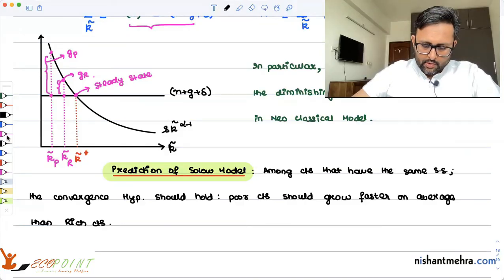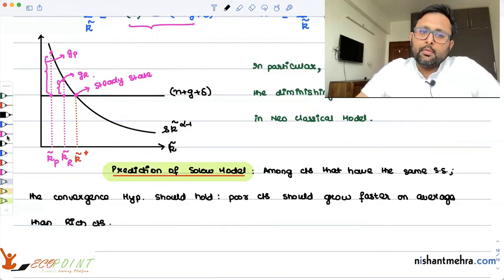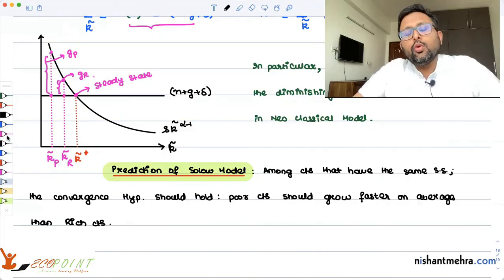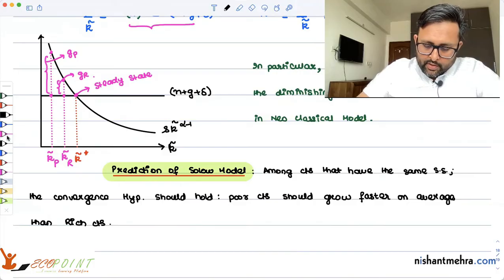No, right? One more thing is that there can be differences in the income levels, which is going to have an impact on the steady state levels also. So it can result in different steady states as well. So please write this thing.